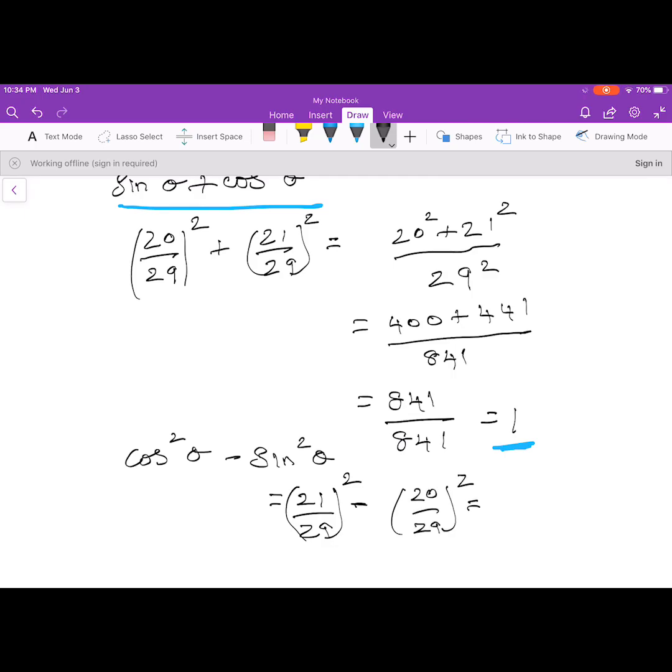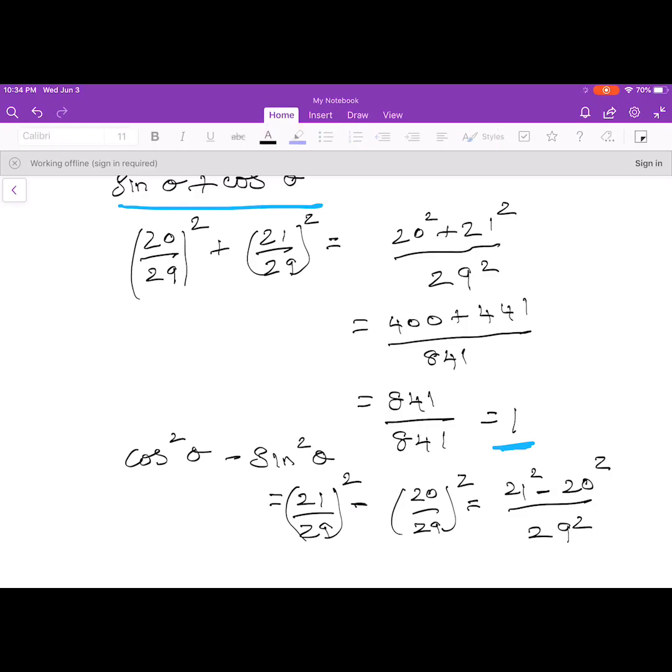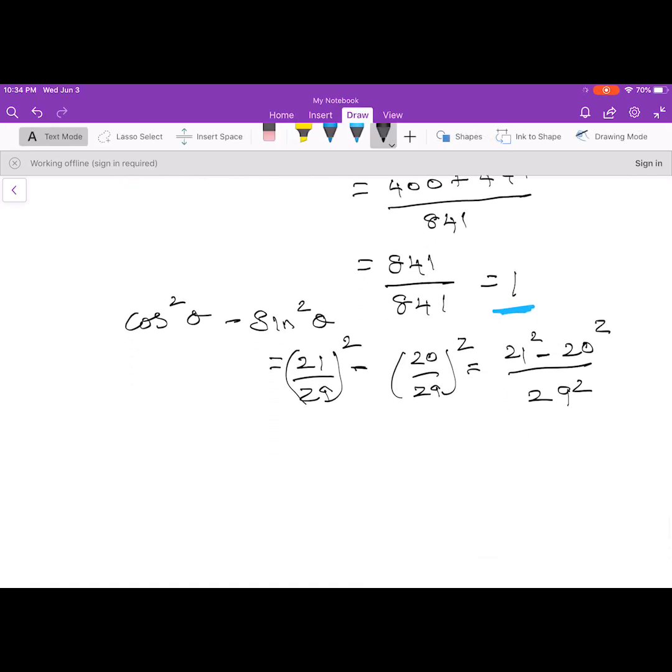That is equal to (21 square minus 20 square) divided by 29 square. 21 square is 441 minus 20 square, which is 400, and 29 square is 841. That is 41 divided by 841. So we have found both the answers.